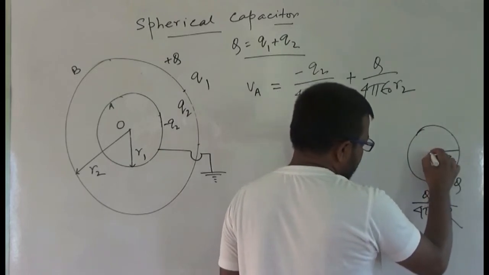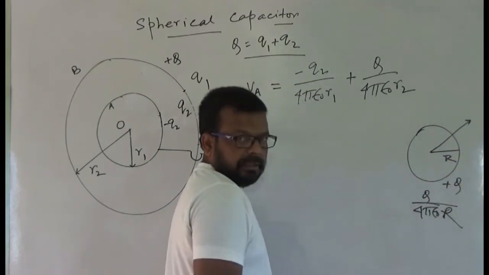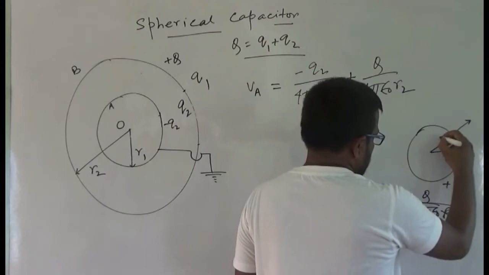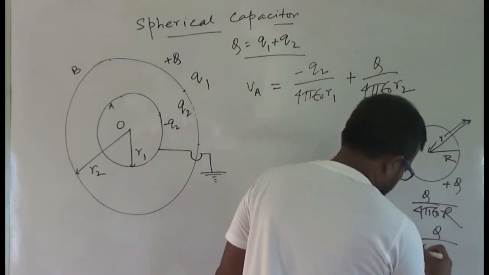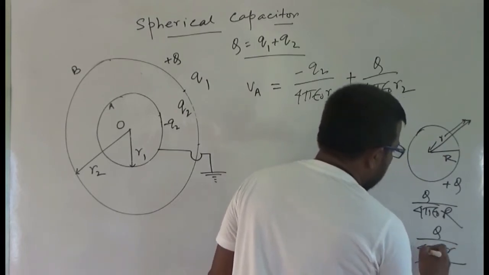But the potential in the outer region, that is outside the sphere, at distance R from the center, is Q by 4 pi epsilon naught R.